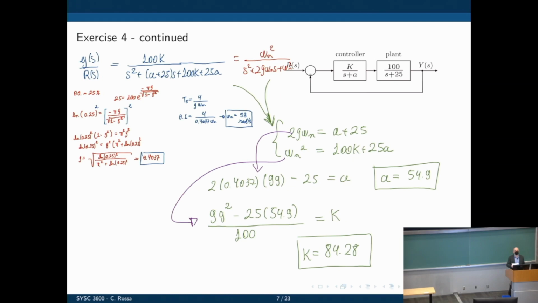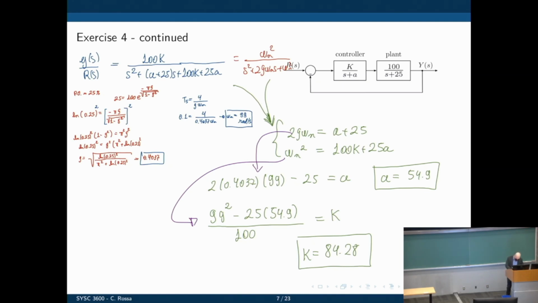Yep. In the first line of the green equation, is there a name for that equation specifically? Which equation? Sorry. 2 zeta omega n equals A plus 25. Where did that equation come from? Right. So we are equating the standard form with the equation we got.